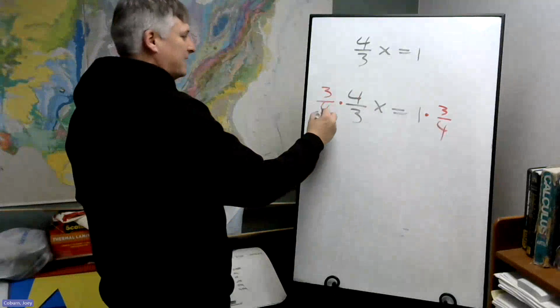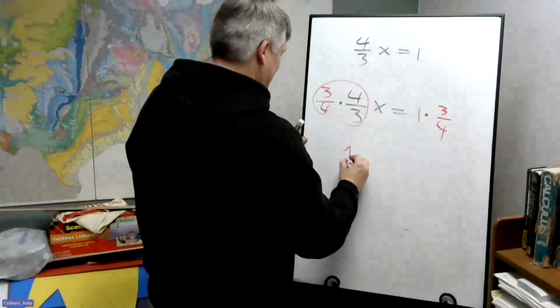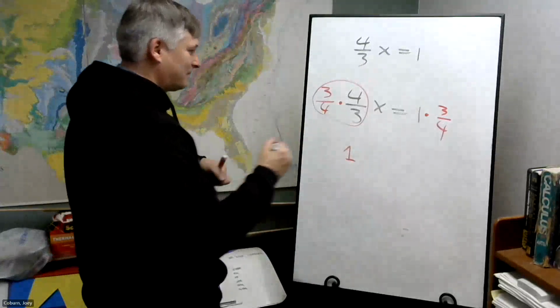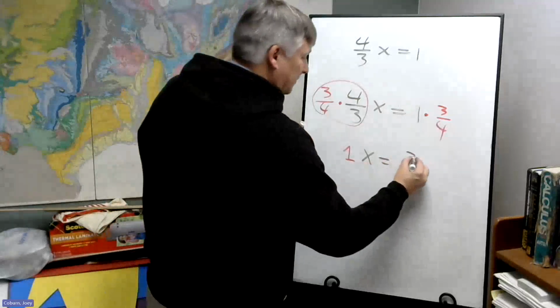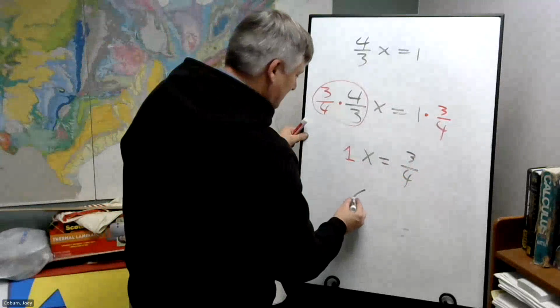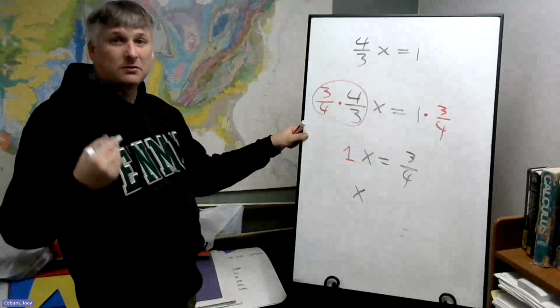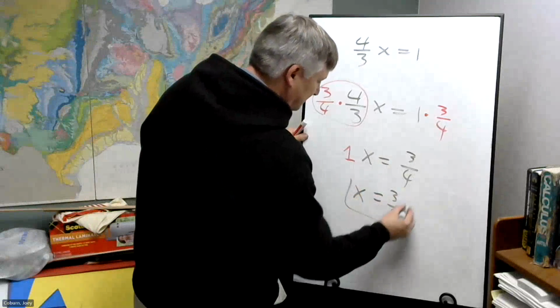And so this becomes 1. And 3/4 times 1 is 3/4. And then 1 times x is just x. Like 1 times 3 is just 3. And we get x is 3/4.